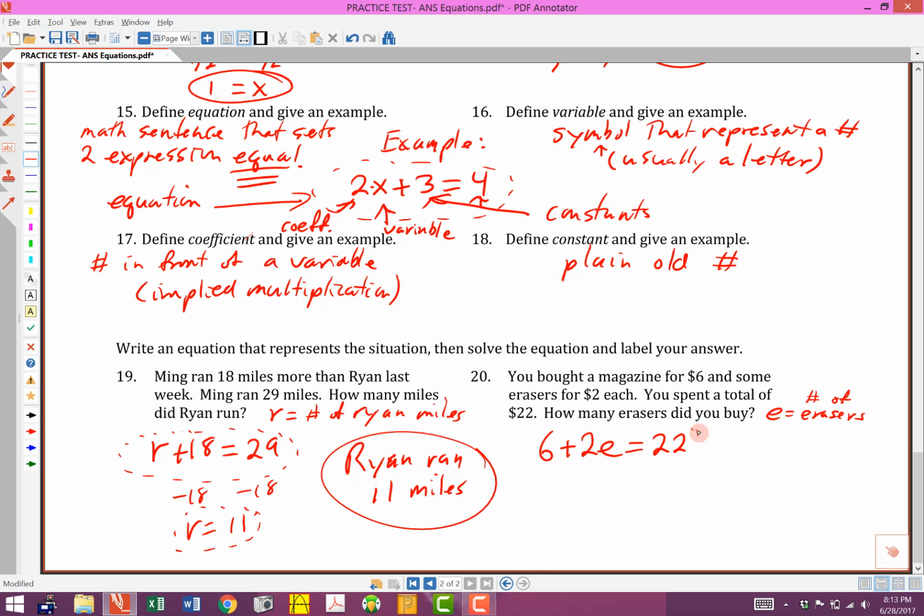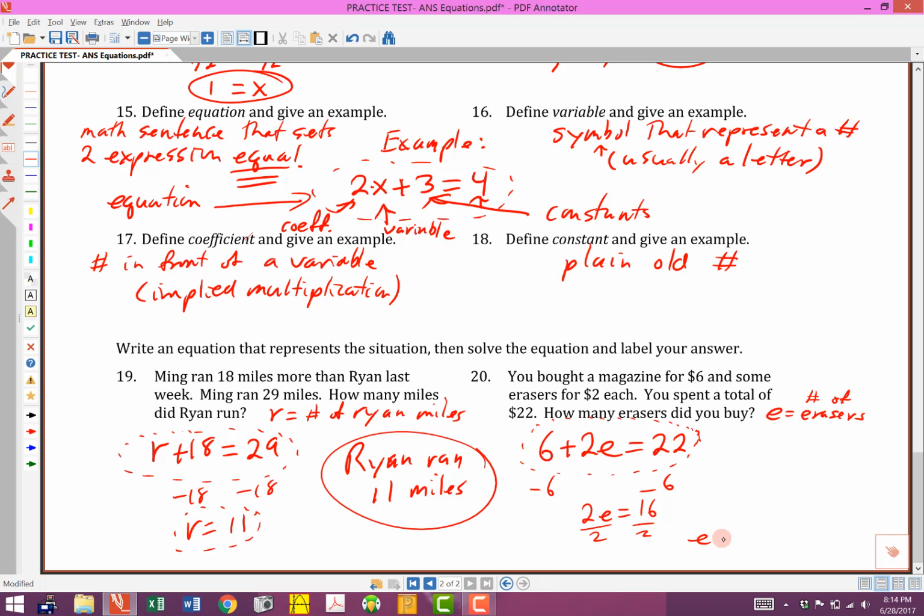I'll be honest with you, this is what I'm looking for. I'm looking for an equation that represents what happened in the problem. If you know what the answer is, that's awesome. What I want is the work and that equation there that supports that, so I can see that you can translate that. That's the most important thing here. So we're going to subtract 6 from both sides. 2e equals 16.